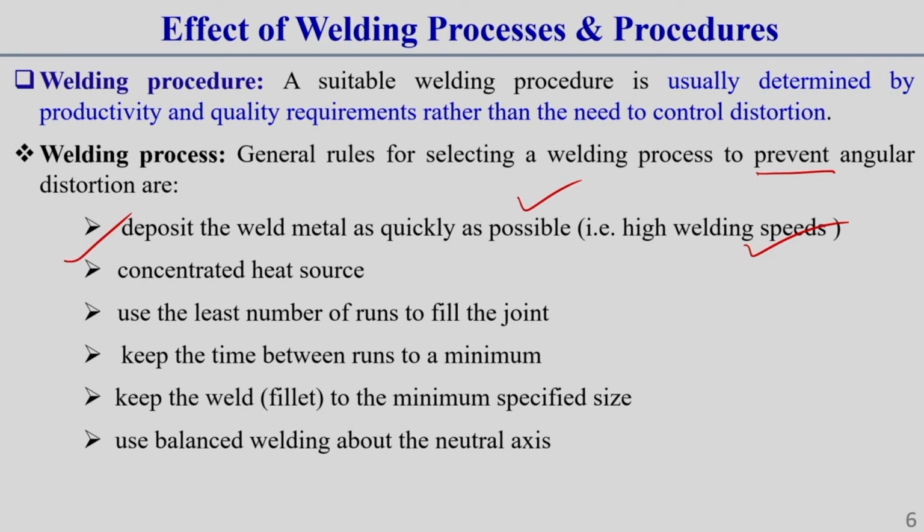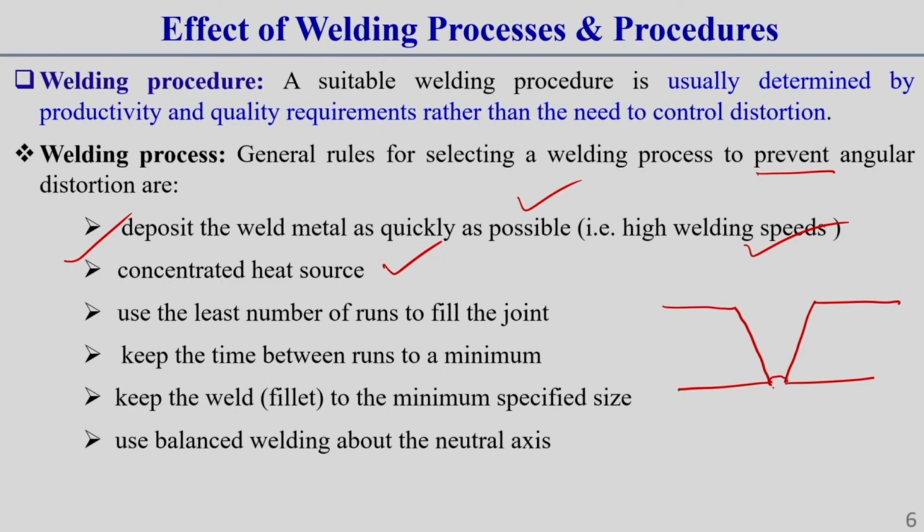Now, in case of welding, we should use the least number of runs to fill the joint, because we are going for joining a thick plate. In this thick plate, to do the welding, we require different passes of welding. This is called multi-pass welding.